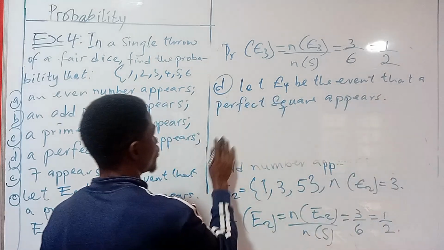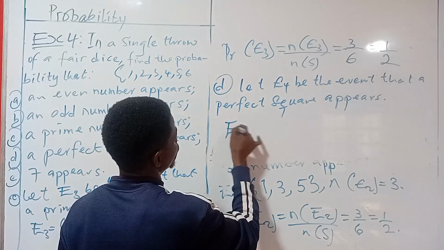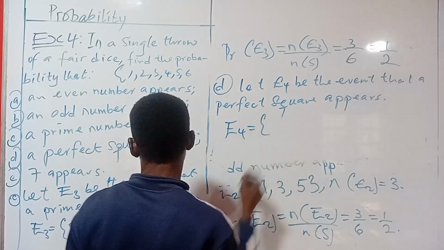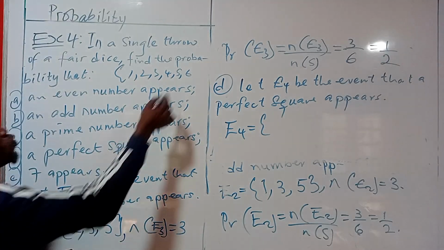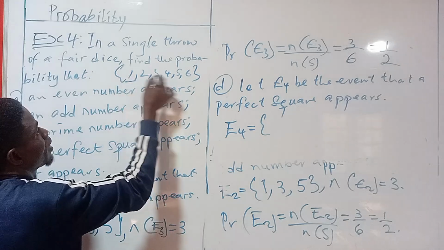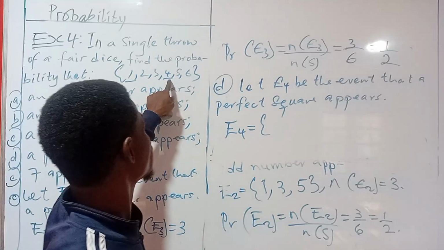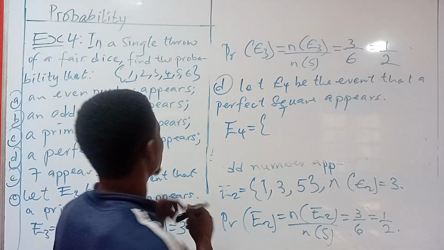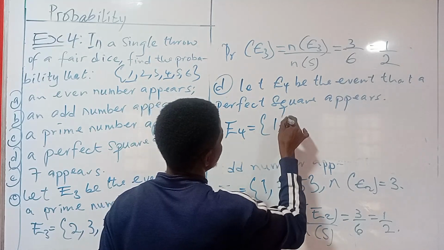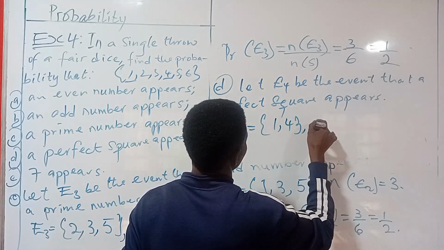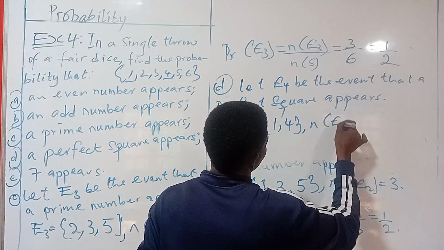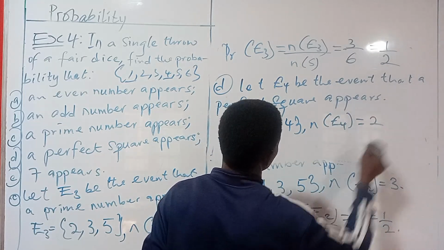So we are going to have E4 equals, when we are talking of the perfect squares between 1 to 6, 1 and 4. When you find the square root of 1, it will give you 1. When you find the square root of 4, it will give you 2. So 1 and 4 are perfect squares. Okay? Now, what is the cardinality of this? We have it as 2.